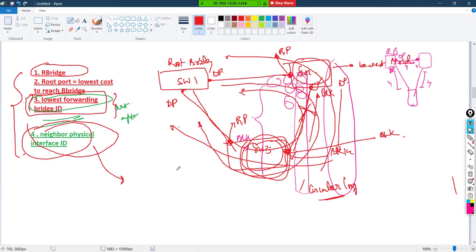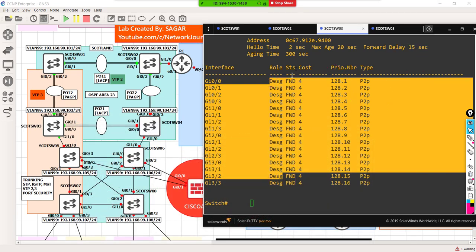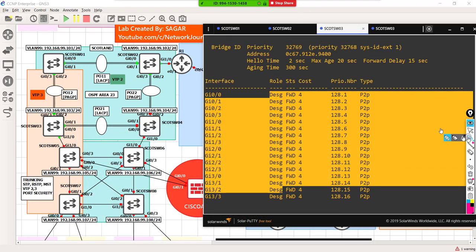Now, how would we calculate that? How would we know that? Basically, we would know because it's been labeled here. 128 is the standard priority for every interface, and 1, 2, 3 is arrived from this. Every interface has been given something.